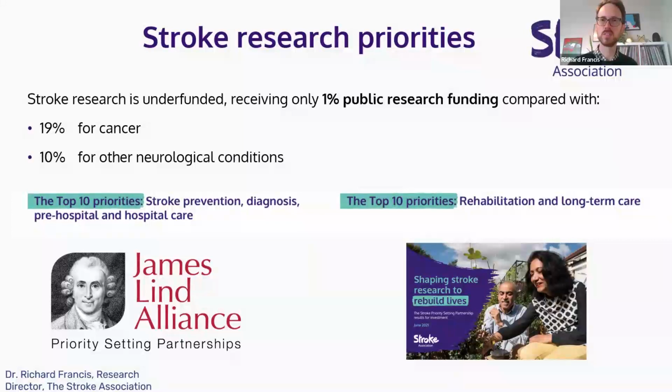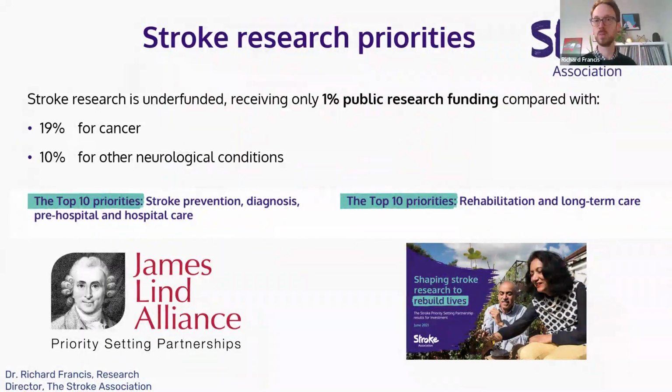This is a really gold standard methodology for setting research priorities, which brings together healthcare professionals and people affected by stroke to set research priorities. We got about 4,000 different questions related to stroke, and then we had to work to combine and prioritize these.